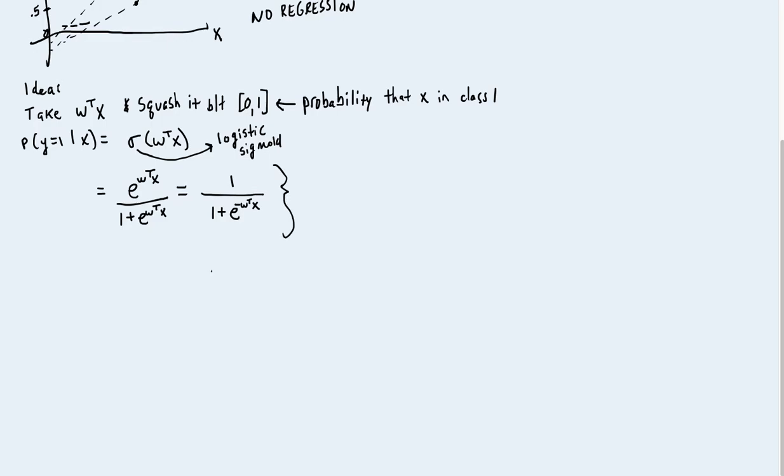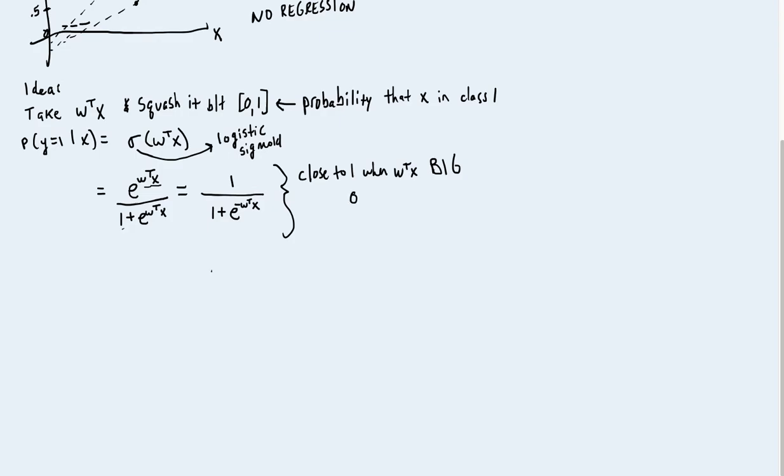And so let's just reason about this for a second. When W transpose x is very large, these things will tend to be the same, and the 1 becomes insignificant, so the whole fraction gets closer to 1. So close to 1 when W transpose x is big. Some very, very high number, like positive infinity, you virtually have 100% probability that it belongs to class 1.